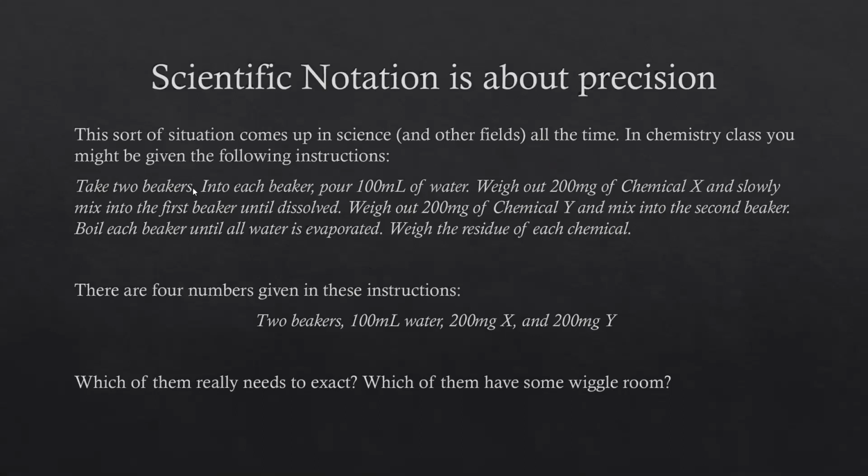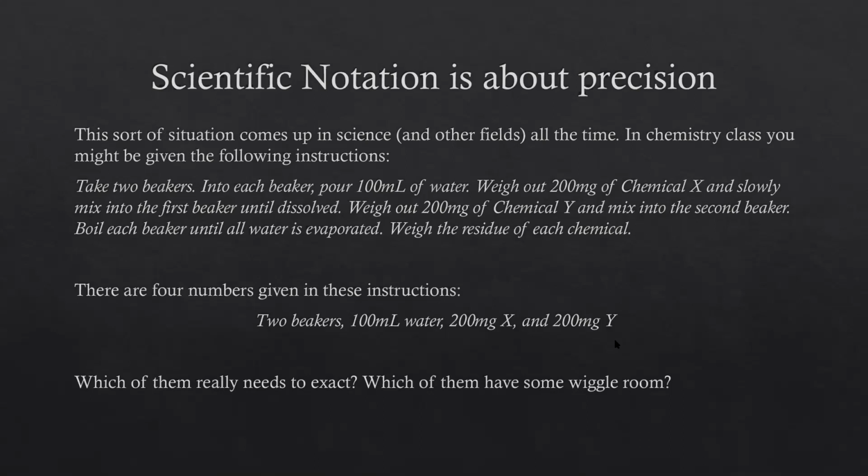Take 2 beakers, and into each beaker, pour 100 mils of water. Weigh out 200 milligrams of chemical X and slowly mix it into the first beaker until dissolved. Weigh out 200 milligrams of chemical Y and mix that into the second beaker. Boil each beaker until all the water is evaporated and weigh the residue of each chemical.